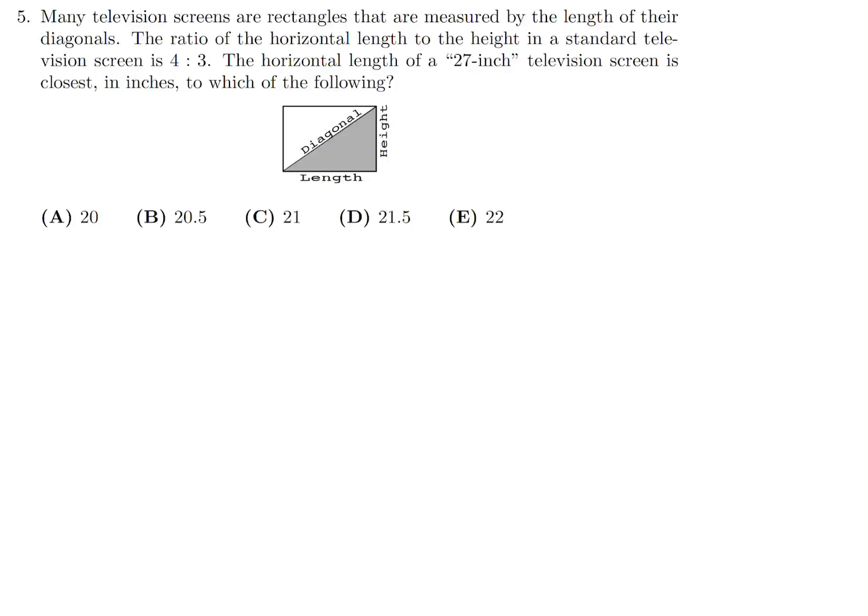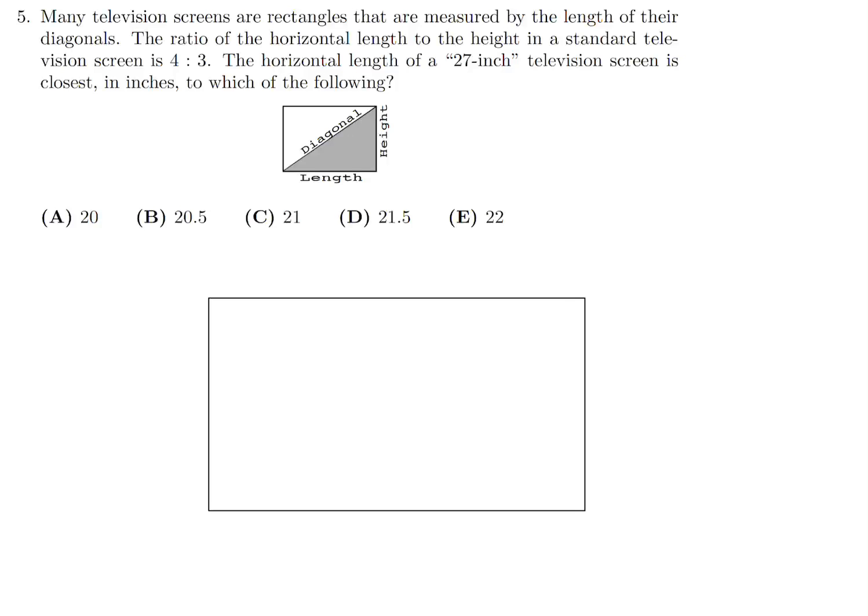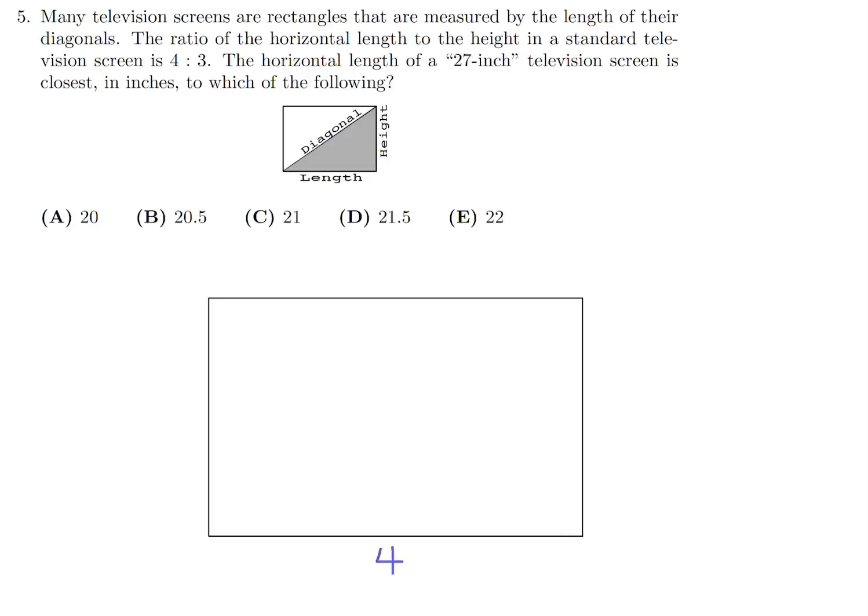So we've got a rectangular TV like this, and they're saying that the ratio of the horizontal length to the vertical length is 4:3, correct? And we all know, I hope all of us, every single person watching this video, that this is a 3-4-5 triangle. And even if you didn't know that, you can always use Pythagoras to figure that out, correct?